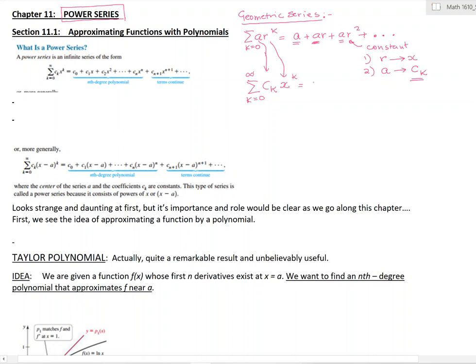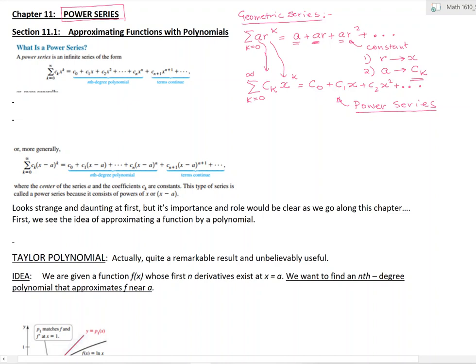So this is going to give us c0 plus c1 x plus c2 x squared and so on. This is called the power series. It's a natural extension of a geometric series.